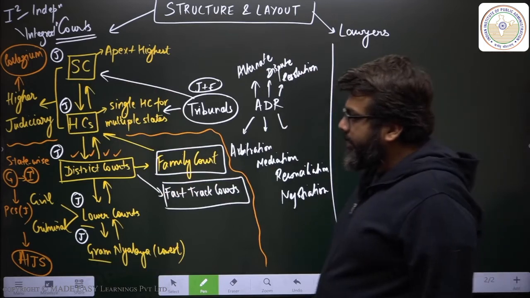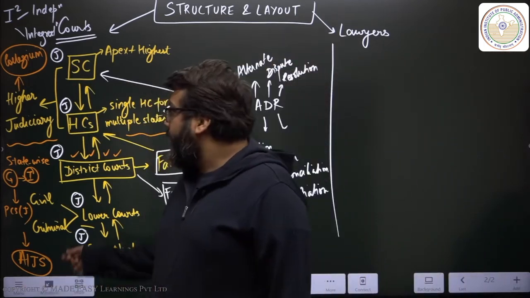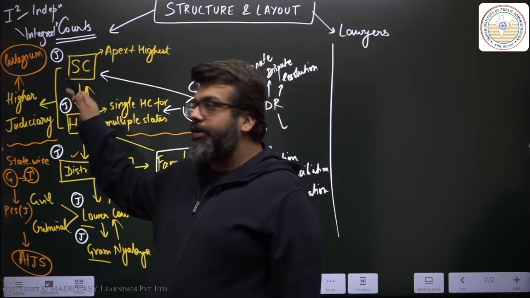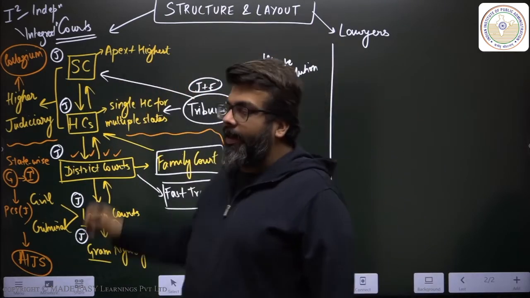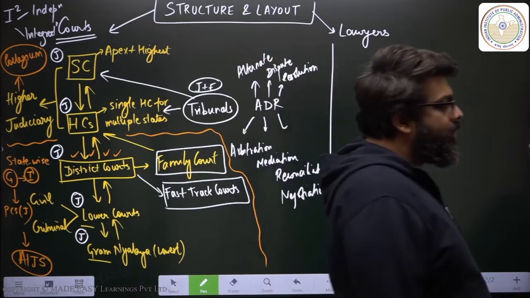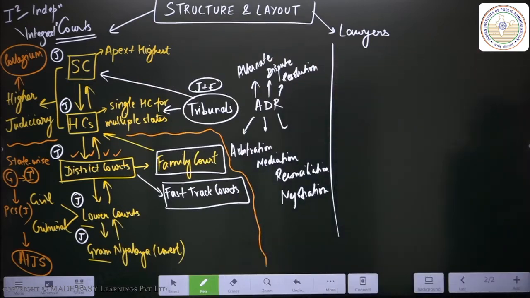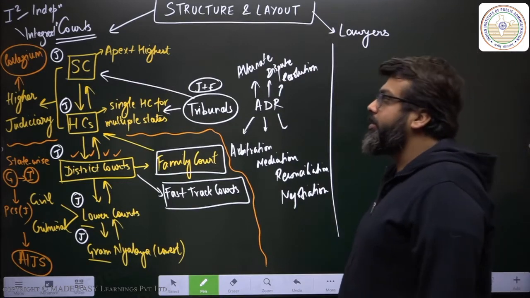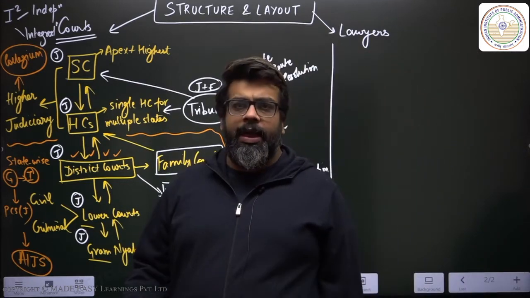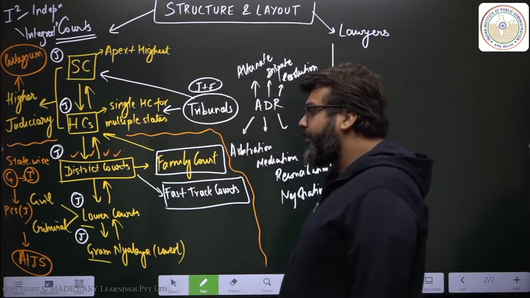This is a judicial service. So there is going to be some difference. They tried reforming it a while ago through the 99th constitutional amendment, which is called the National Judicial Appointments Commission. But that was, of course, struck down by the Supreme Court as a violation of independence of judiciary.